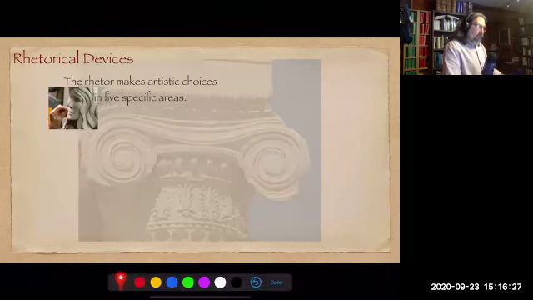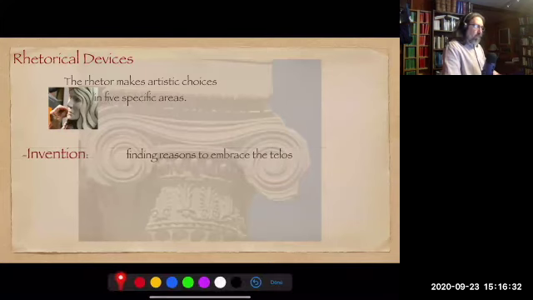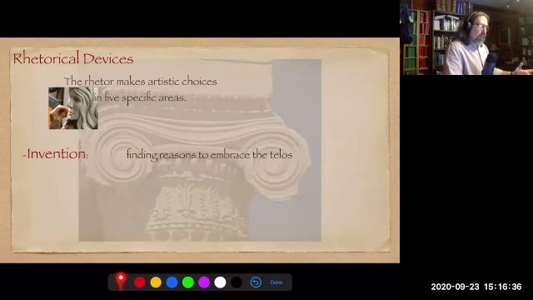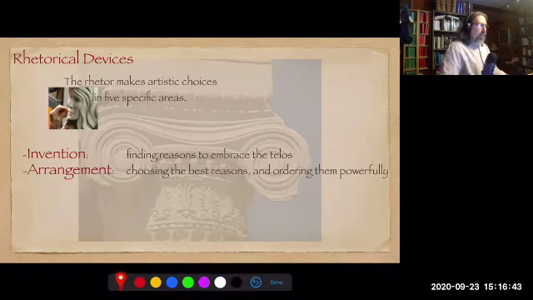In those 5 areas, we can start with invention. Okay, invention just means going out, finding the reasons to embrace the telos, gathering up as many reasons as you can. Arrangement. In arrangement, we're basically choosing the best reasons that we can, and we're trying to order those reasons in a powerful way.